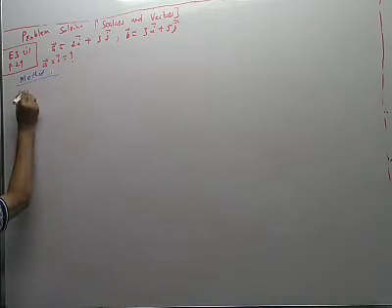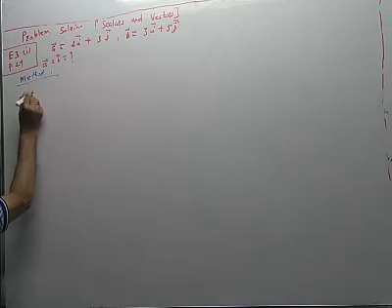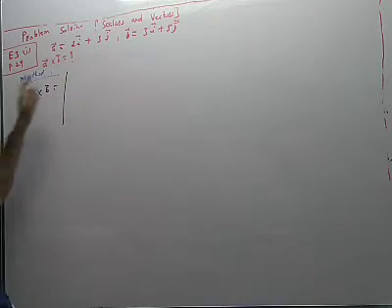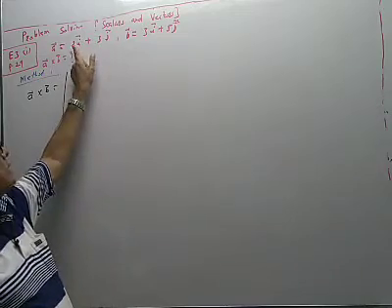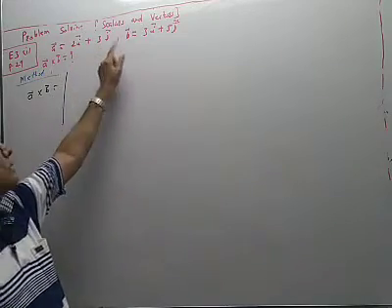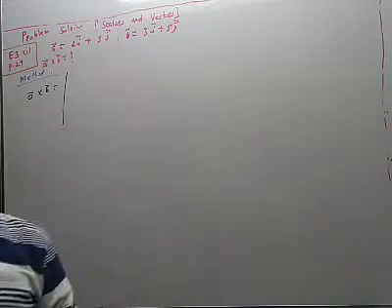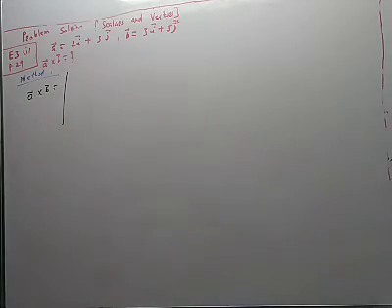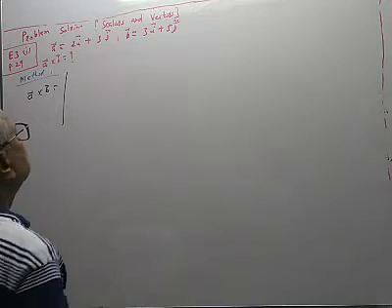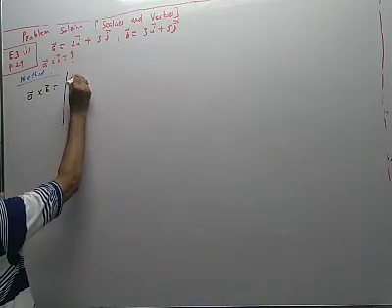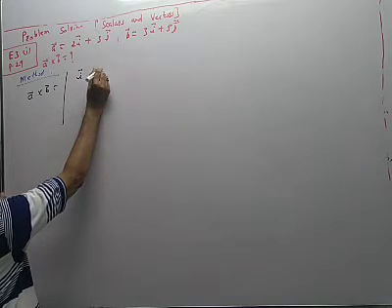So A cross B is equal to... Now see, in vector A there are x and y components, and in vector B there are... oh sorry, both are x and y components only. So we will require only the determinant of this form, i, j.